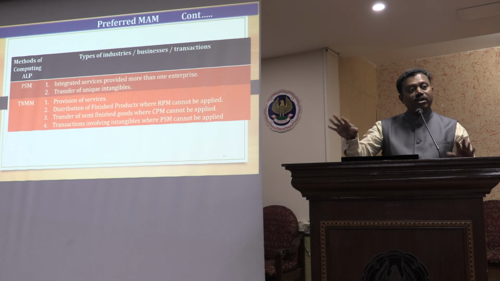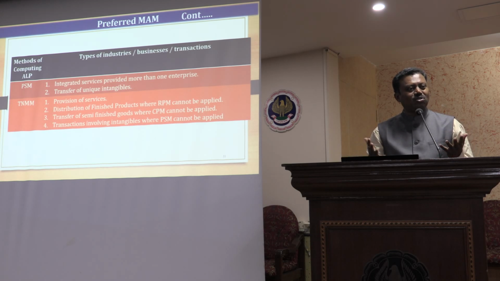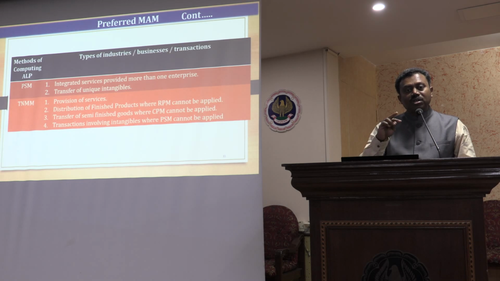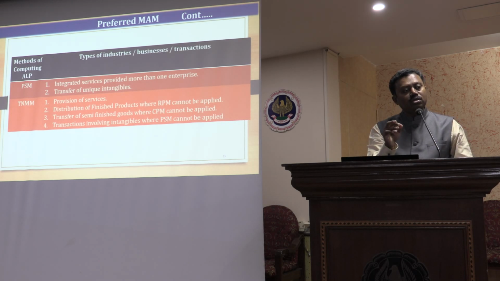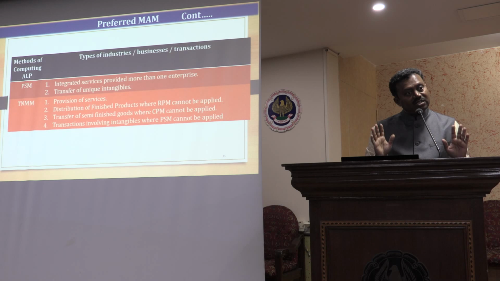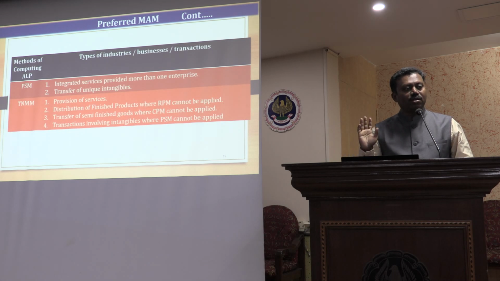Quality-wise your intangible is unique, but in the market it is not unique. It is car technology, right? Somebody comes with one more technology where the vehicle will not move on the road, it will go on the air, but it is not a flight. Is anybody else having that technology at that time? Unique intangible. So anything that is a unique intangible, we can try to use the profit split.